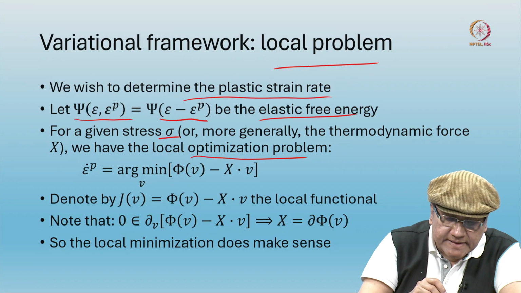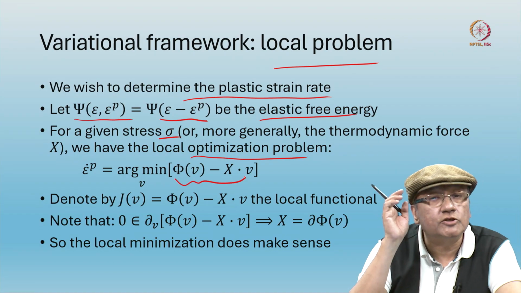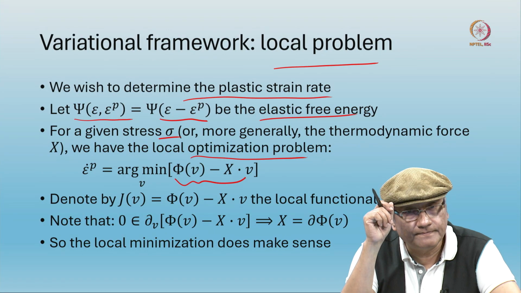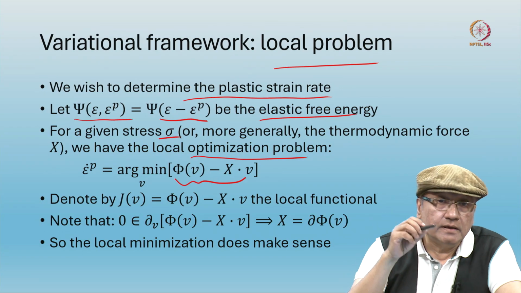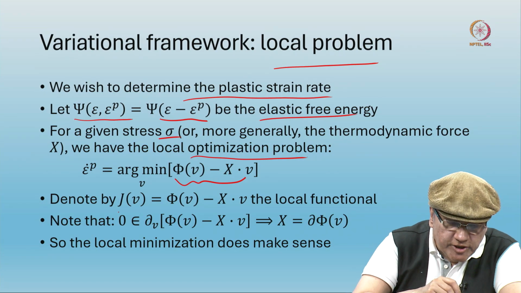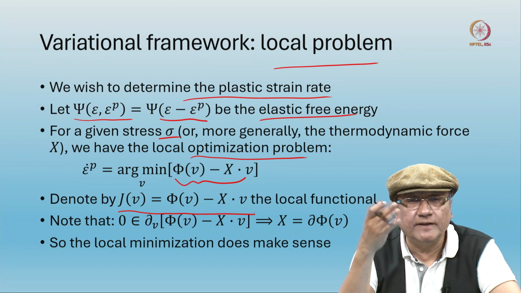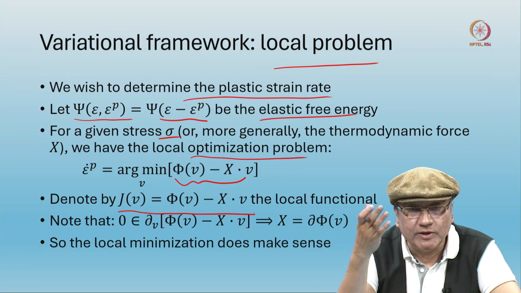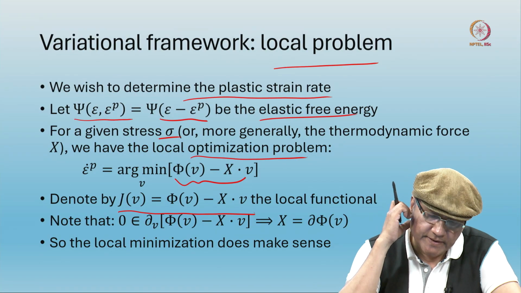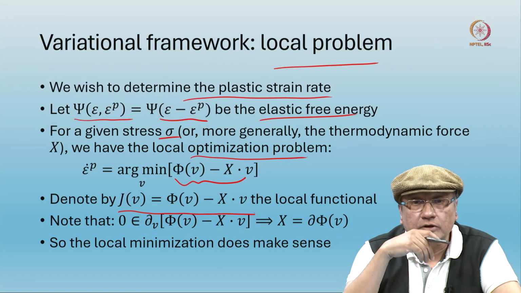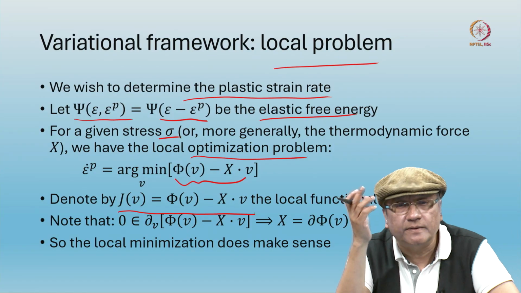Let us consider this as the functional to be minimized. Call this functional J of v equals phi of v, where v is a velocity-like object, actually the plastic strain rate-like object, minus X dot v. A dot means an appropriate inner product.